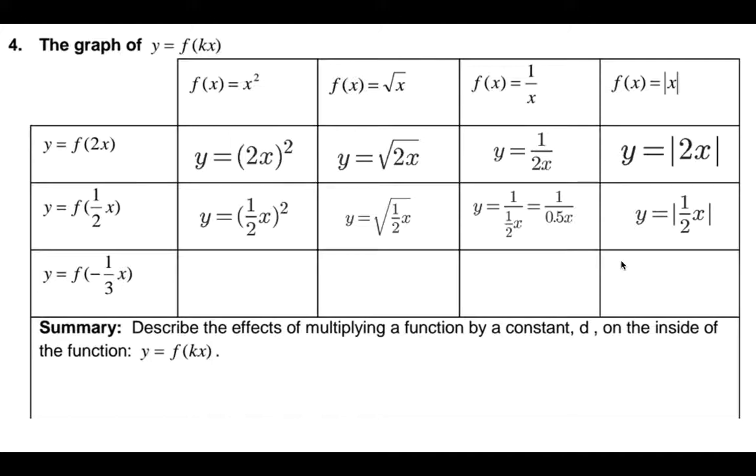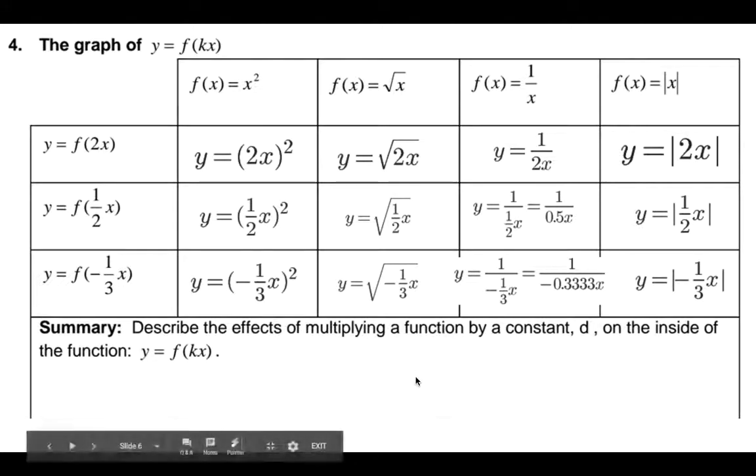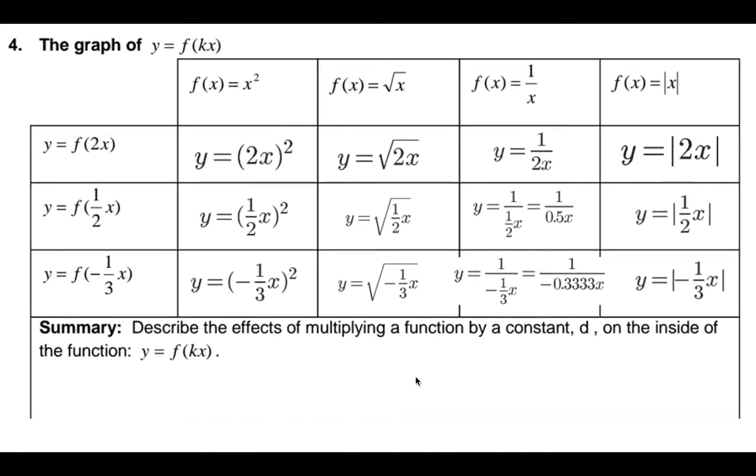The 1/2 x on the inside, -1/3 on the inside. Again, you could write this as a decimal, -1/3. And so if you graph all these, the change here from the base graph is actually opposite of what you would think with the verticals.